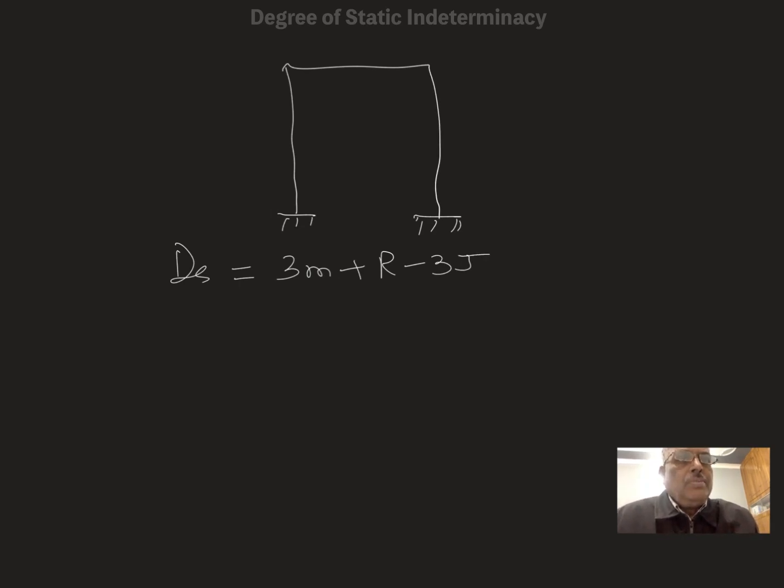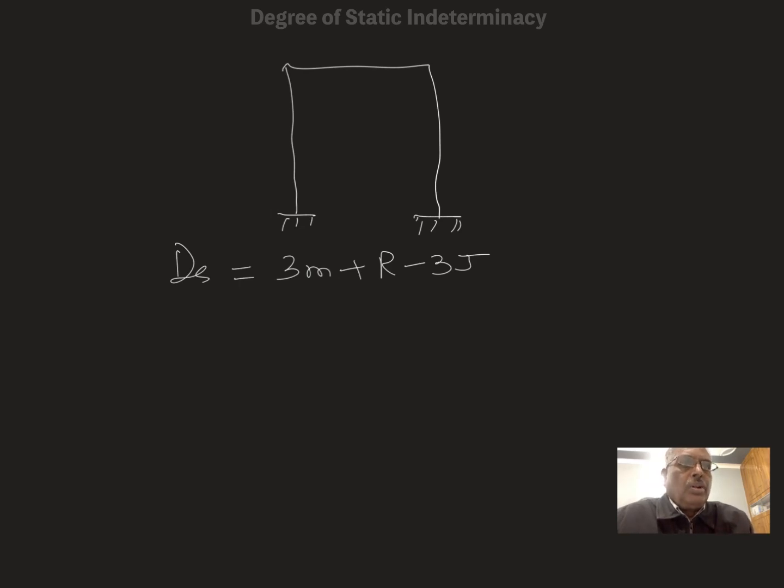One member resists 3 forces: shear, bending, and torsion. In the previous case, in the pin-jointed truss, one member has 1 force, so 1. In this member there are 3 forces. So it is 3m plus r. This is a plane rigid joint, therefore 3: at one joint there are 3 degrees of freedom.